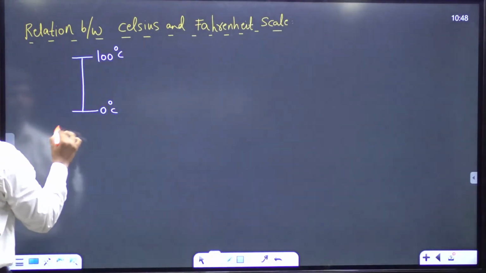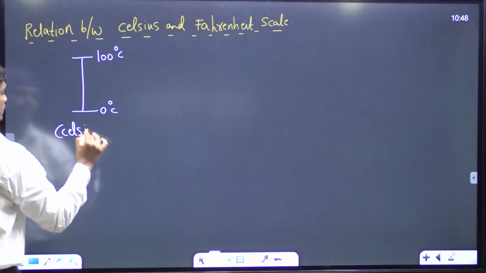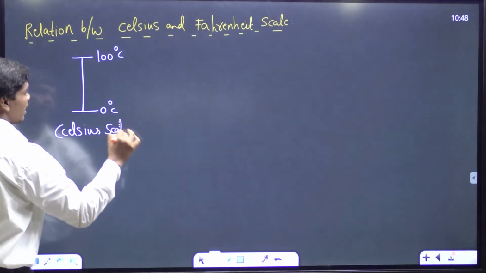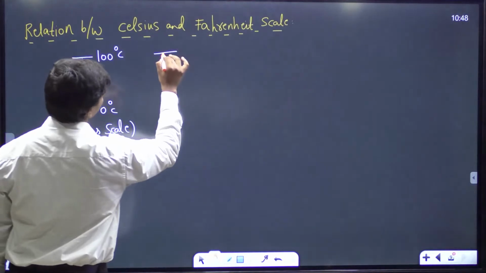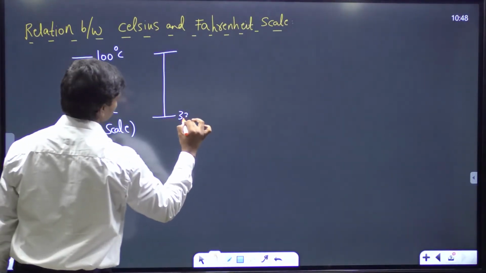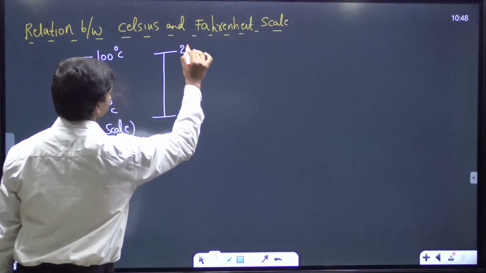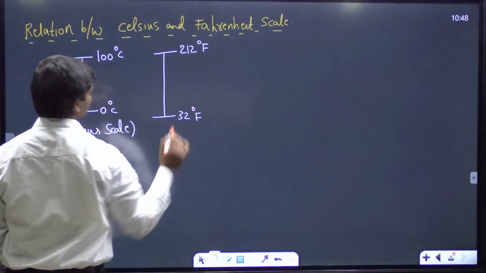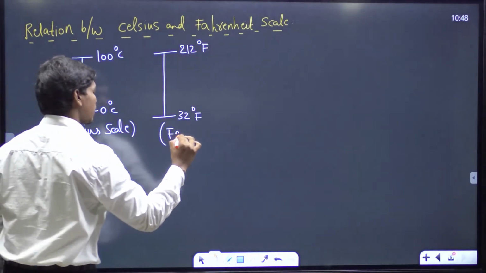Basically the ice point and steam point are defined like this for Celsius scale. And for Fahrenheit scale, we just saw this is defined as 32 degrees Fahrenheit and 212 degrees Fahrenheit. Okay, so this is for Fahrenheit scale.